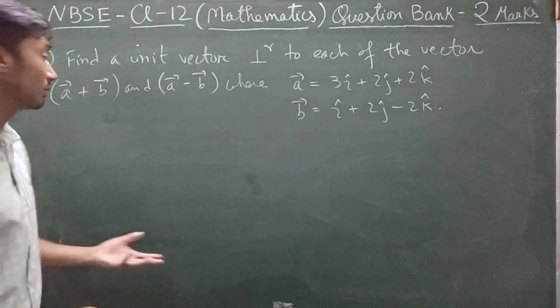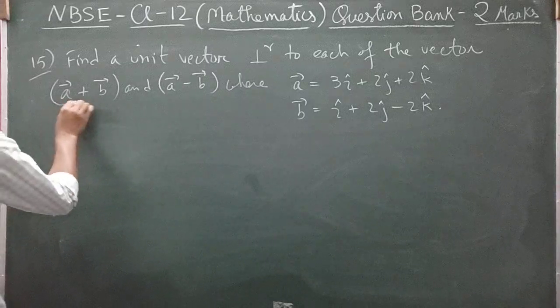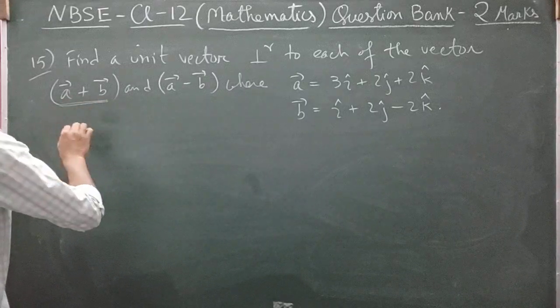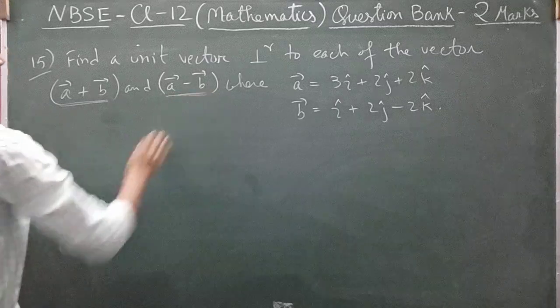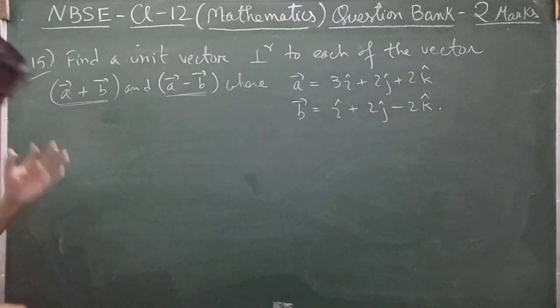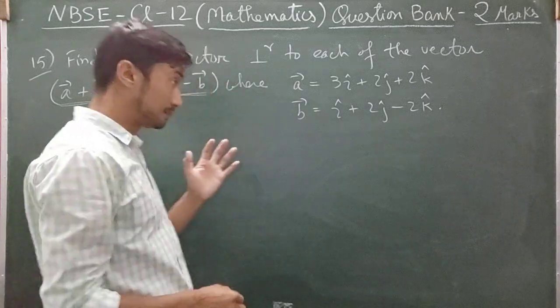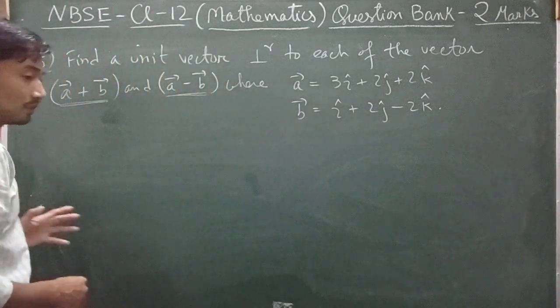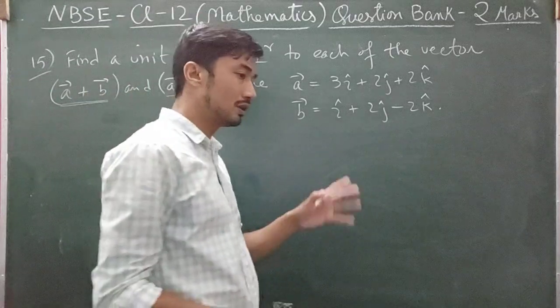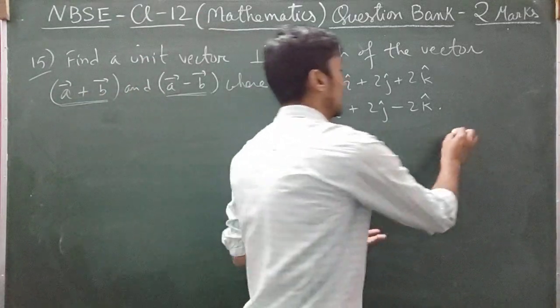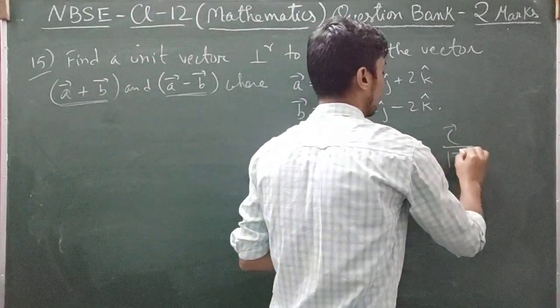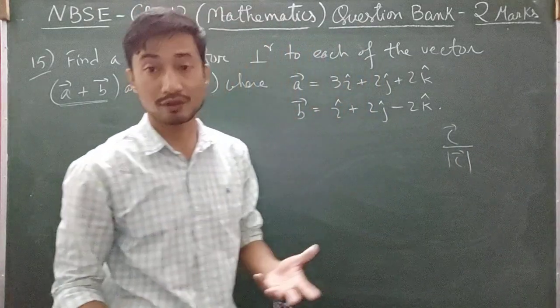So now what are we going to do? Here, a is considered as a plus b, and b is considered to be a minus b. So we need to find out a cross b, isn't it? That will be our vector c. Because the unit vector perpendicular will be c upon magnitude of vector c, where c is nothing but a cross b.